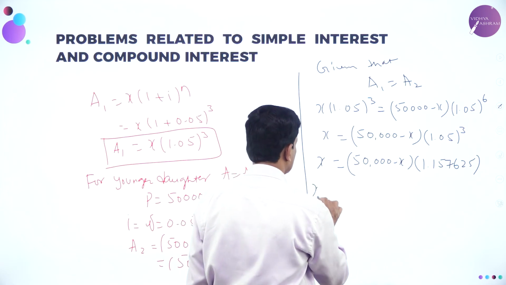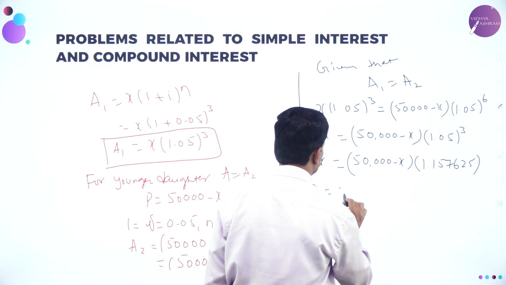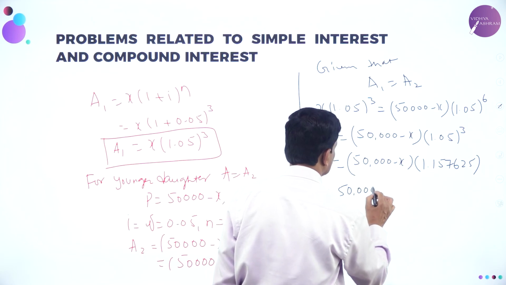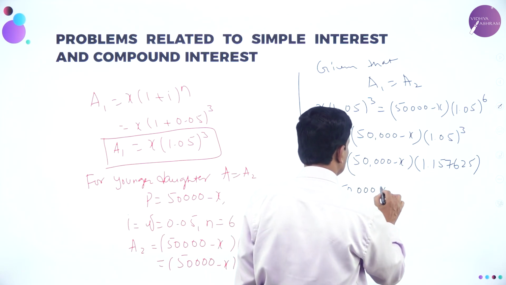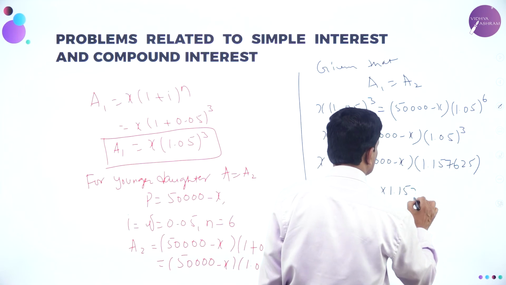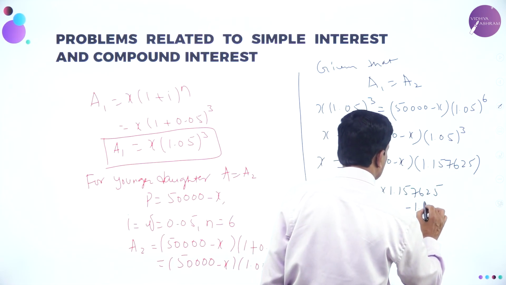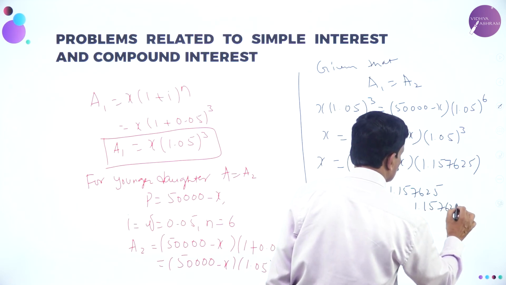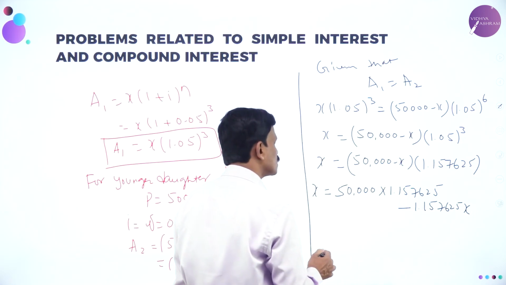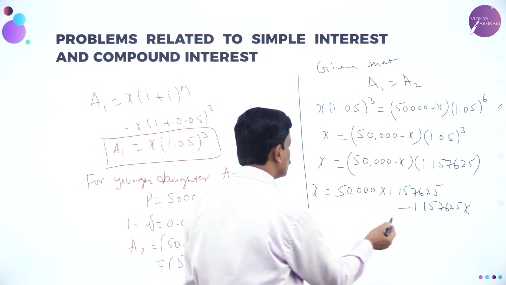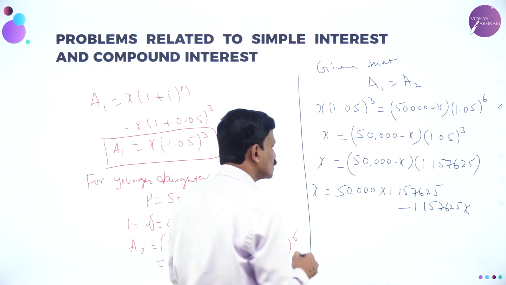Now multiply this. x is equal to 50,000 into 1.157625 minus 1.157625x. Just transfer this to the left hand side, and it becomes plus.